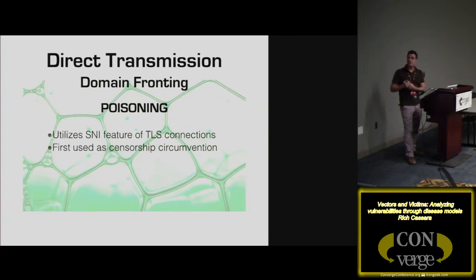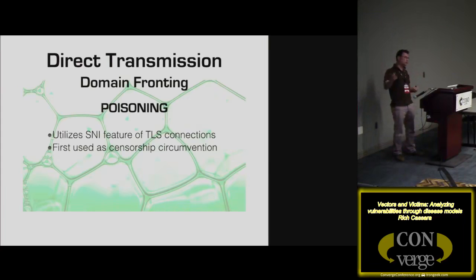Initially, people found that they could circumvent censorship with this. If you were behind a repressive firewall that wasn't allowing you to see certain things, you could have your client specify a connection behind this endpoint, and the firewall's only looking at the outside of the packet that says, oh, I'm going to this Amazon CloudFront point.